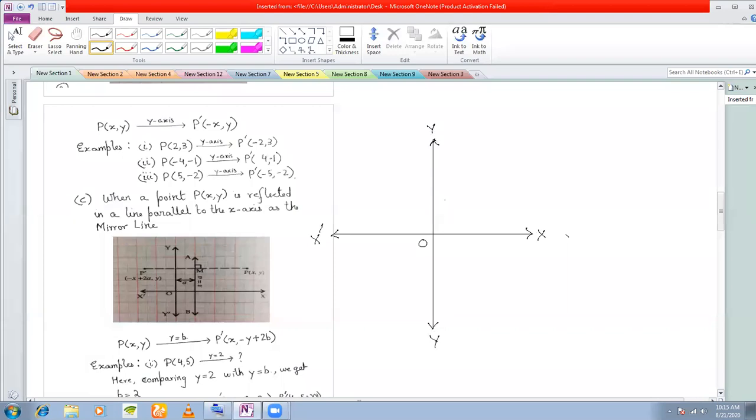Suppose I give you a point here, say this is your point P(-2, 3), because this is the negative direction of x. This length is 2 units and this length is 3 units.